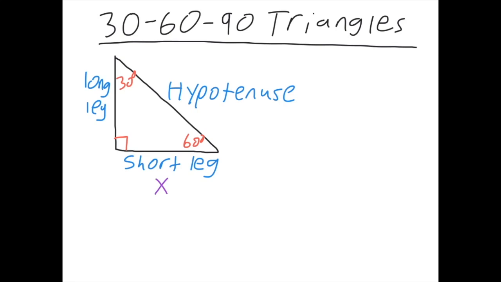So the hypotenuse is going to be double the short leg, 2 times x. Now the long leg is a little bit less nice. The long leg is going to be the short leg times the square root of 3. So make sure you have this written down because you want to refer back to this a lot.